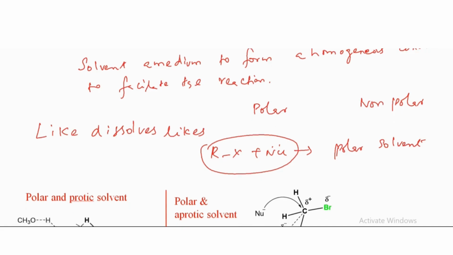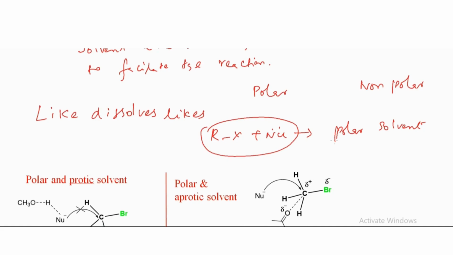Now, again there is one more situation: the polar solvent is further divided into two categories. One is polar protic and the other is polar aprotic. Protic means the solvent has the ability to donate a proton.